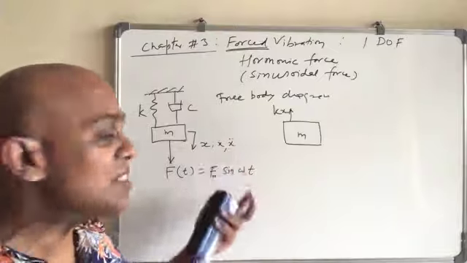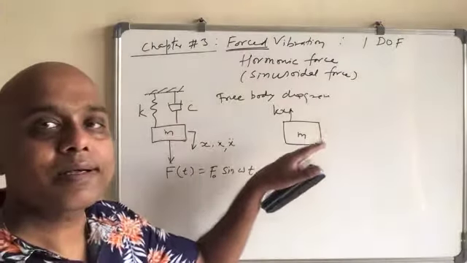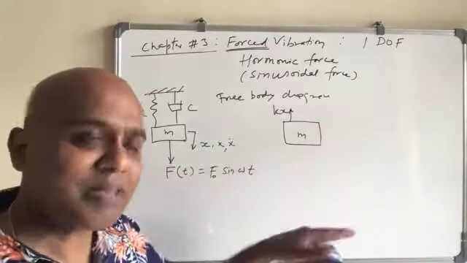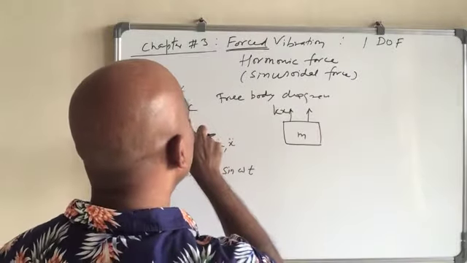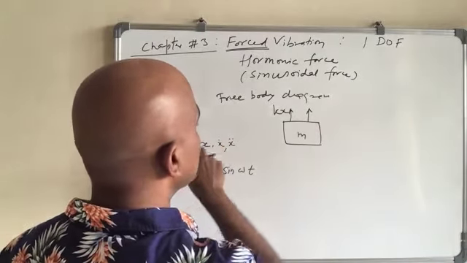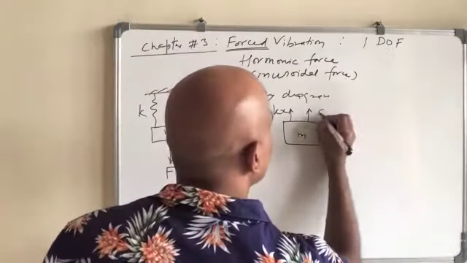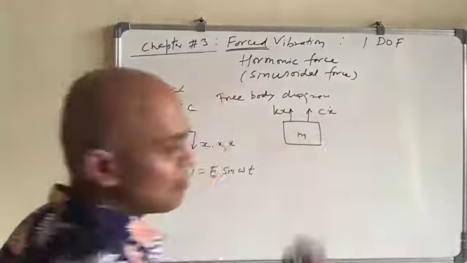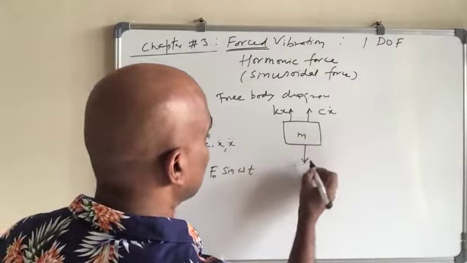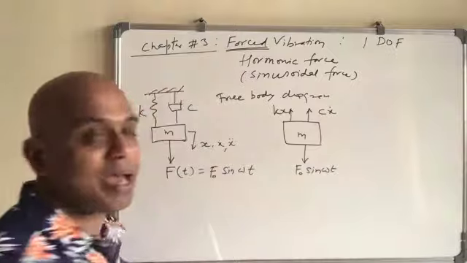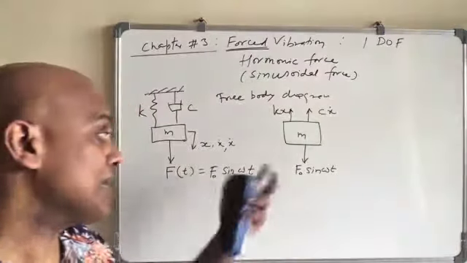If the velocity of m is positive, meaning it's going downward, there will be a force to oppose the motion, provided by the damper, with value c x dot, upward. And force F(t) is applied downward, so F naught sine omega t is applied on the mass downward.